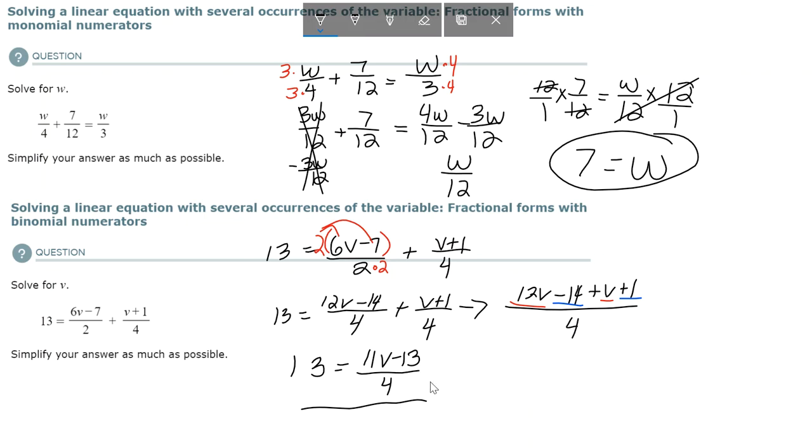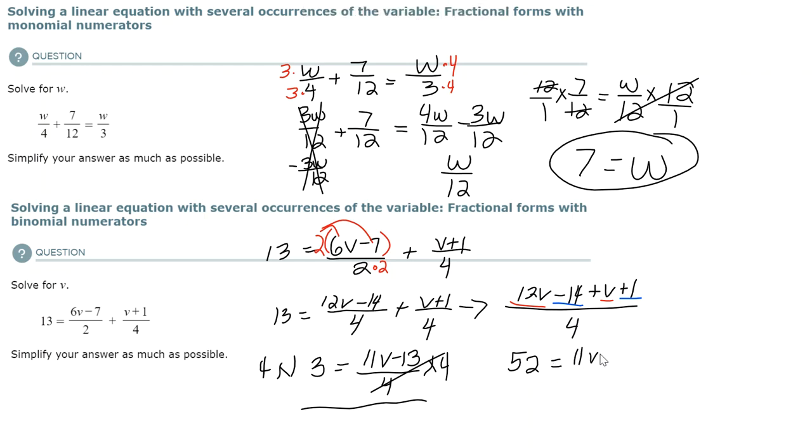Now on the right, we're dividing everything by 4, so I'm going to start by multiplying both sides by 4. And that finally gets rid of the fraction, which is nice. So I'm going to multiply 4 times 13, and that gives me 52. And then since I multiplied by 4, that fraction goes away, so now I have 13v minus 13.